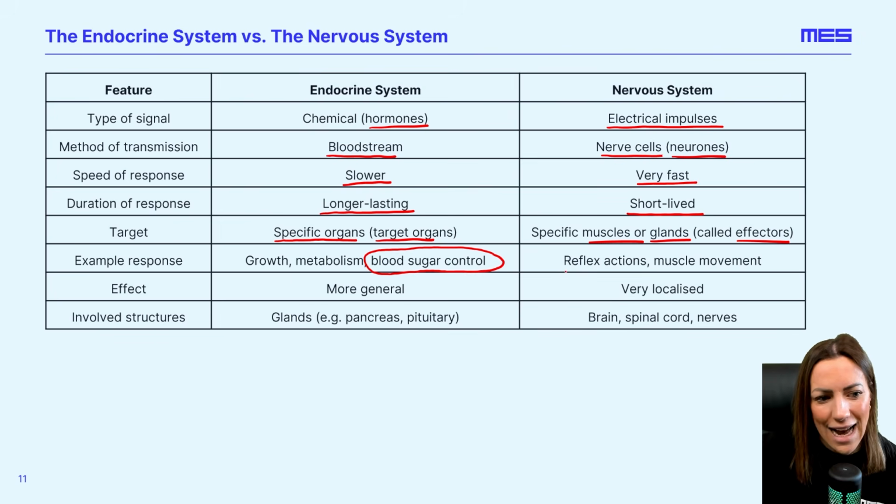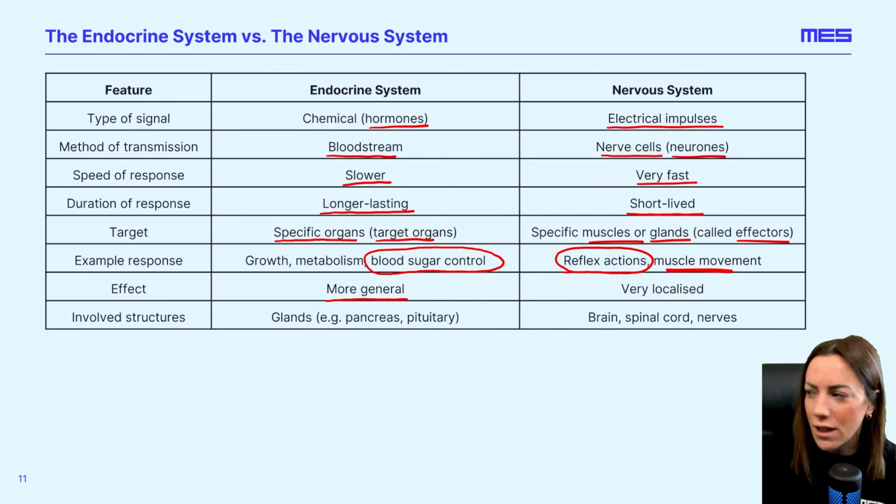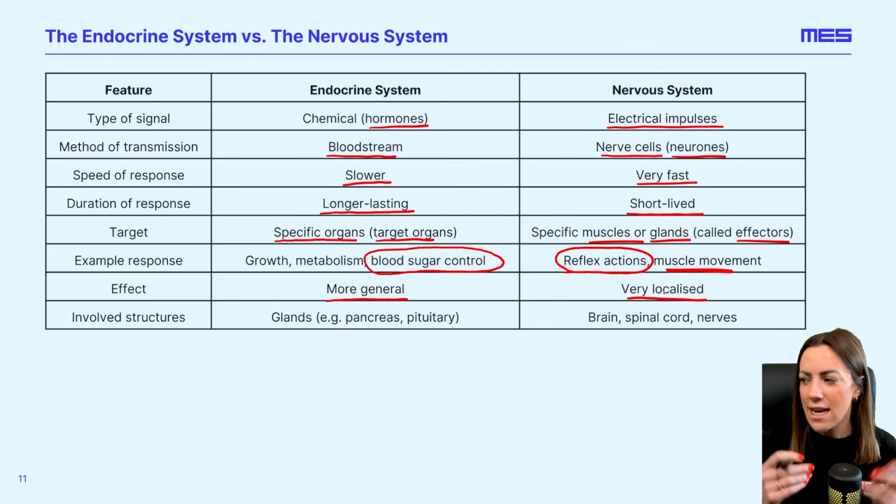Nervous system, we've looked at reflex actions, which involve muscle contraction. I mean, we've probably got enough by now, but the endocrine system does have more general effects because there can be multiple target organs. So one hormone can affect multiple organs, whereas the nervous system, it's very localized, it's targeted. It will affect a muscle or a gland.